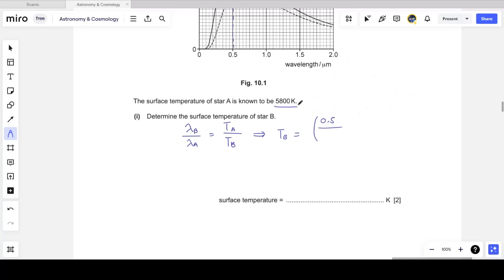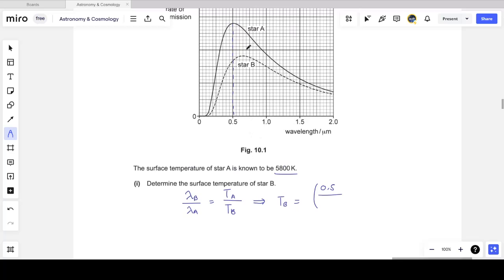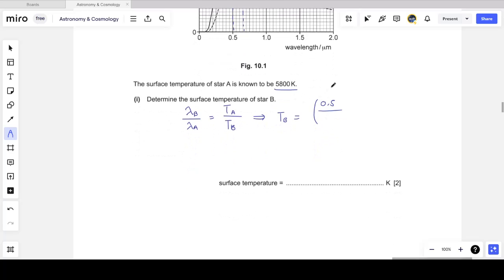Divided by the peak wavelength for B, which is somewhere around here, and with the ruler and careful examination you'll find this value to be 0.65 micrometers.